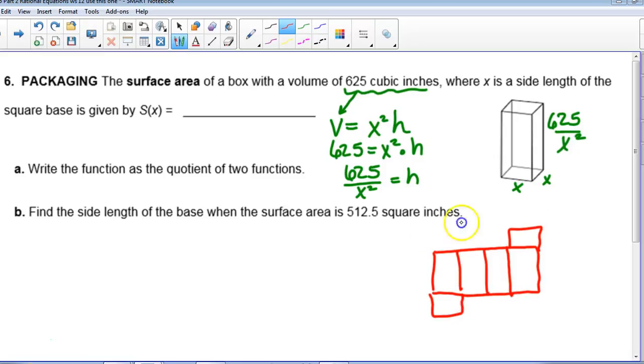Is that what that thing is made up of? Is like 4 rectangles and 2 squares? You with me? Okay. So this square is x by x. Are we good? And there's another one over here that's x by x. So what's the area in there? X squared, and there's 2 of them. I'm going to write 2x squared.